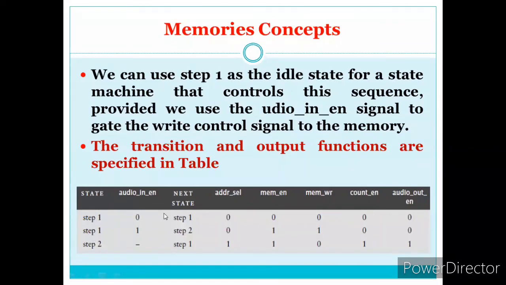Step 1 goes to step 2. What is that step 2? It enables the memory and it enables the write operation such that it performs the write operation to the memory location, whatever the data is received at the data input.